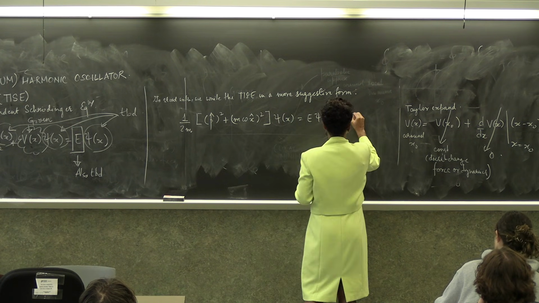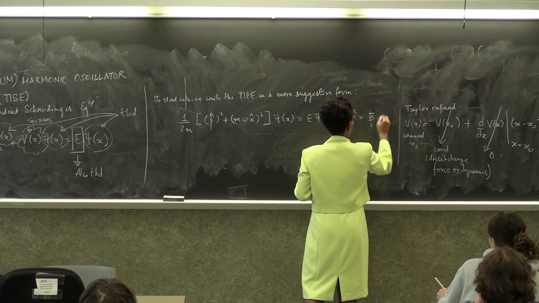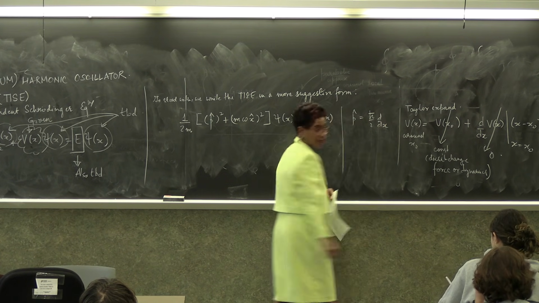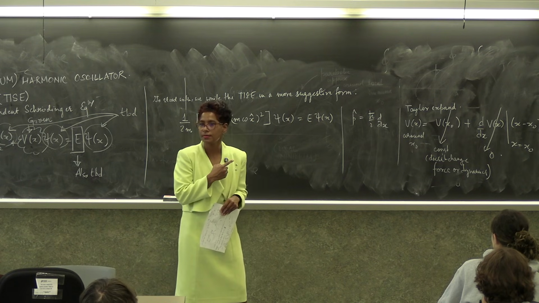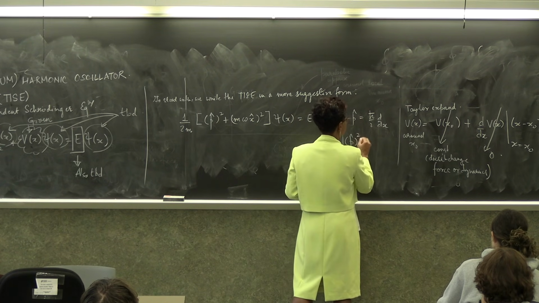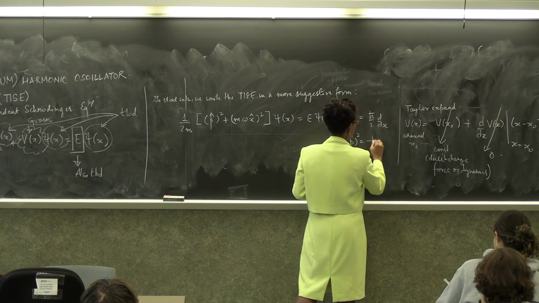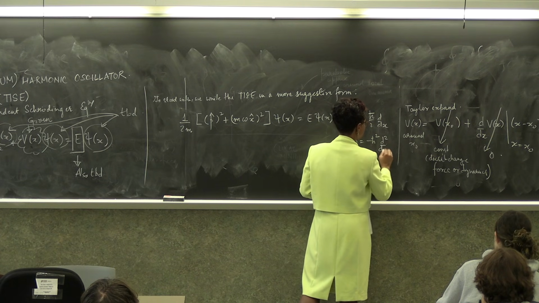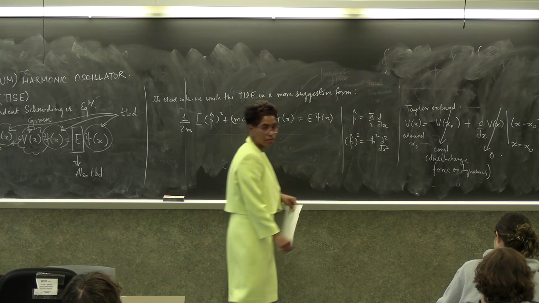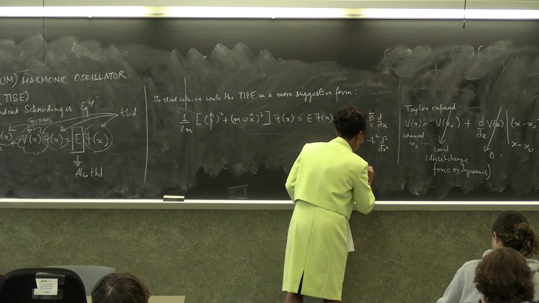Where, as you know, p operator is h bar by i d/dx. Is this familiar? And so p squared is minus h bar squared d2/dx2, and x is just x.